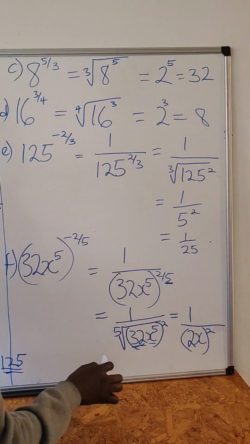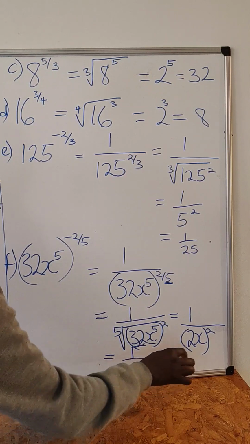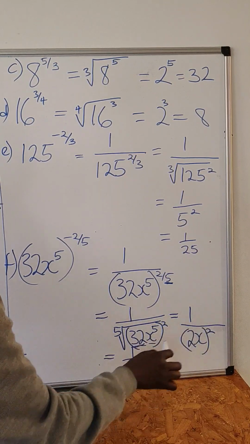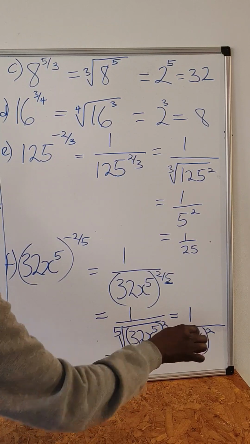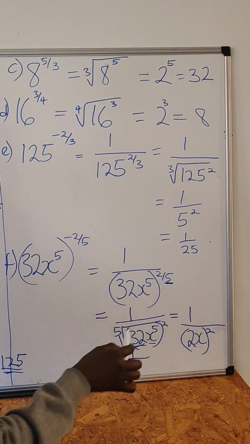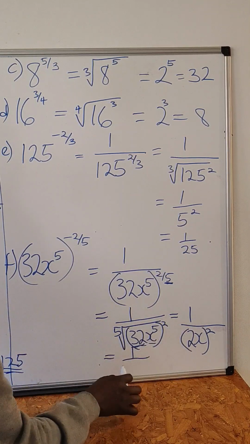Lastly, we open the bracket with the 2 as exponent to each of the expressions, each of the letters and the number we have in the bracket.